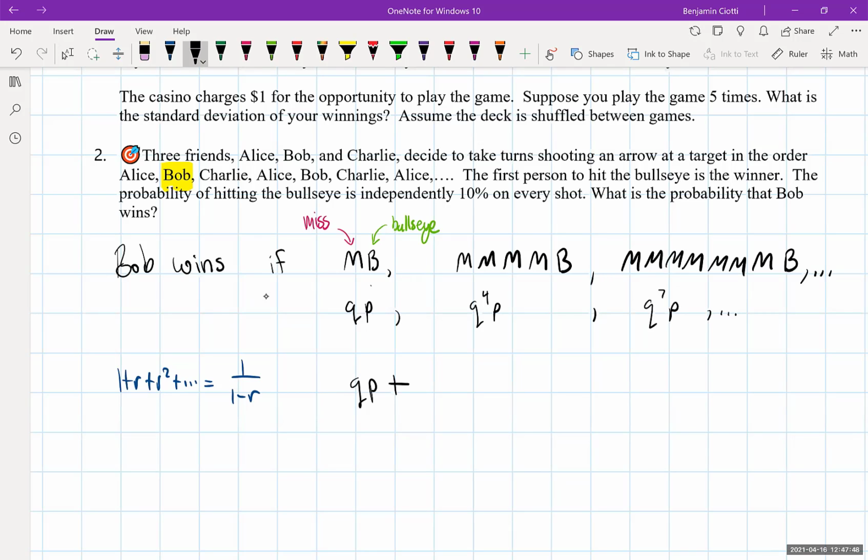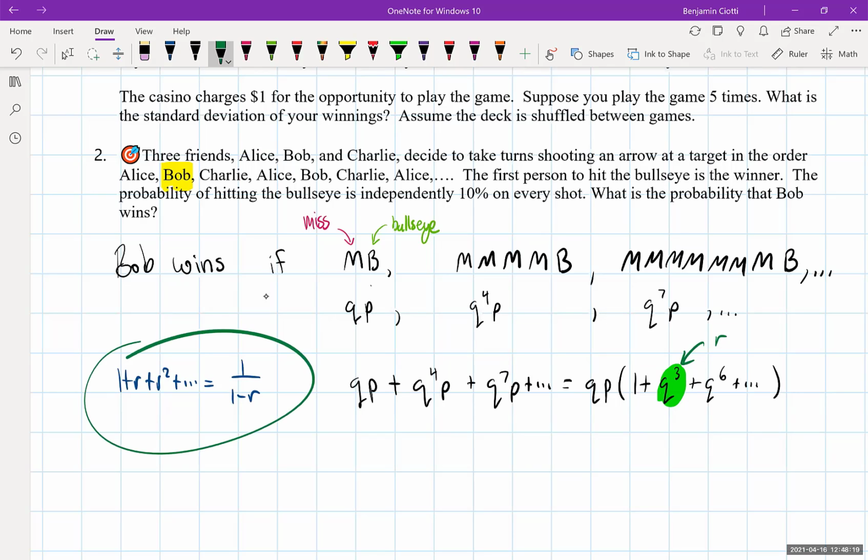Okay, yeah, that's right. All right, so adding these up, it's QP, Q to the 4th P, Q to the 7th P, and so on, which you can factor a QP out of, and then have a Q cubed and a Q to the 6th, which is still a geometric series with Q cubed being the common ratio. Right? So yes, that's like your r in this formula now.